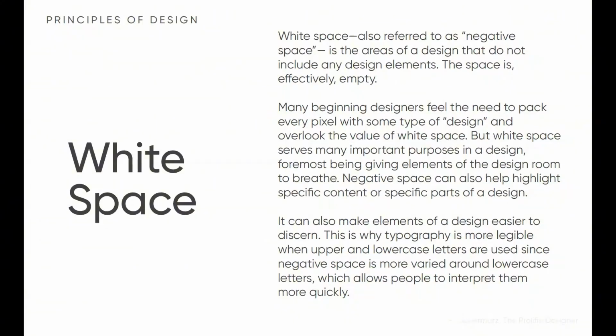Now, white space is also referred to as negative space. So imagine you're in a dark room and you can only see as far as where you are. The other spaces in that room are negative spaces. White space, right? As we call it in design.